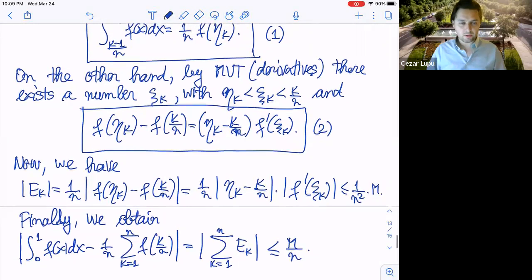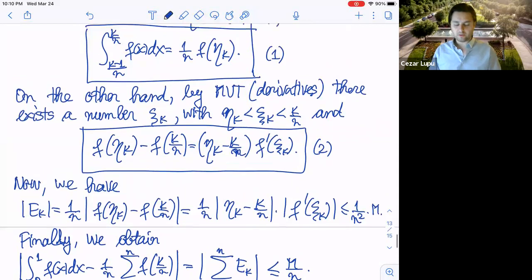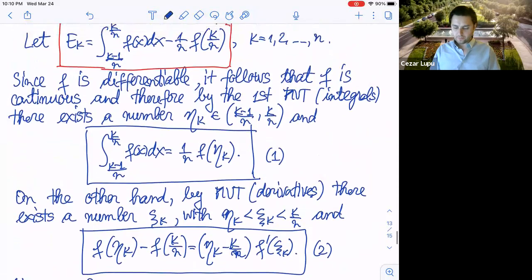As you can see, it's not quite productive since I applied the mean value theorem twice: once for the integrals and then for differentiable functions. But now let me show you a more direct solution. So this was the official solution.